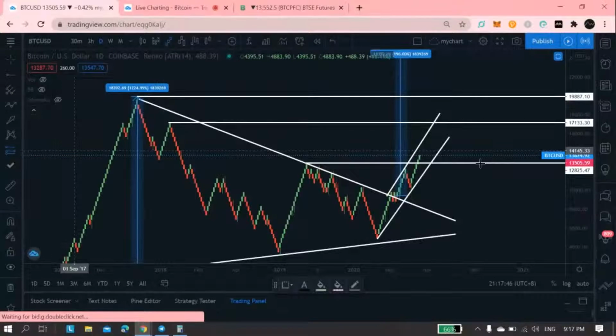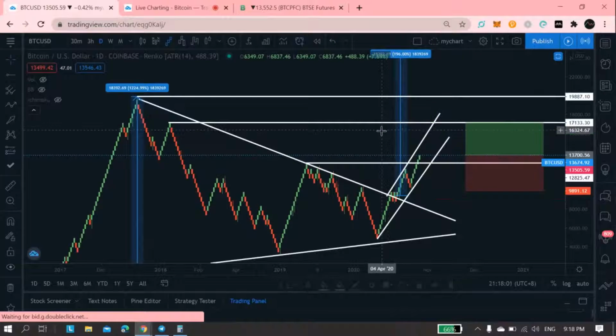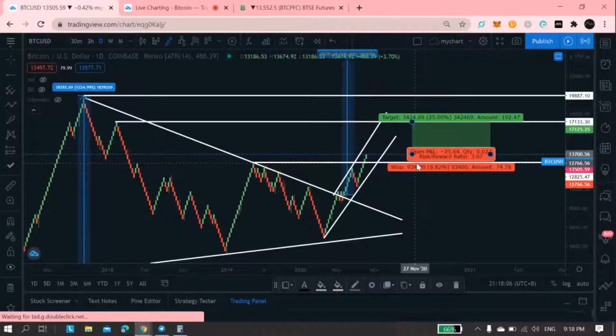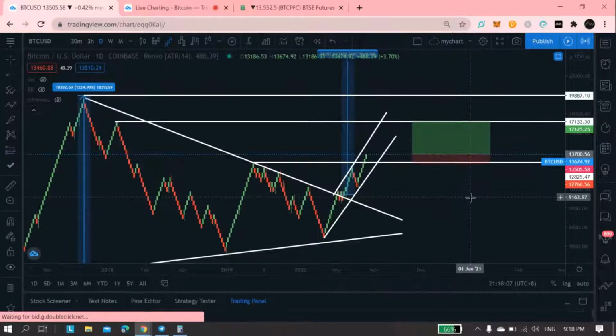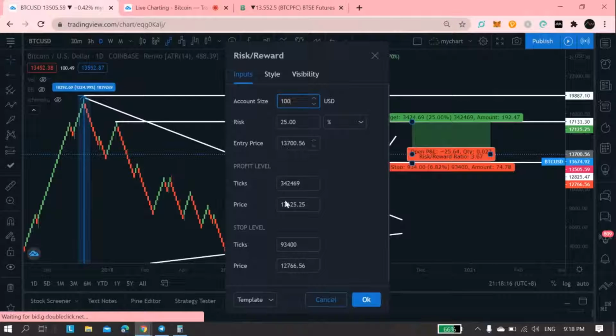So currently we are trading around this 13,500, and my next possible resistance, or my target area, is the 17,100, and then my cut loss area is at 12,800.